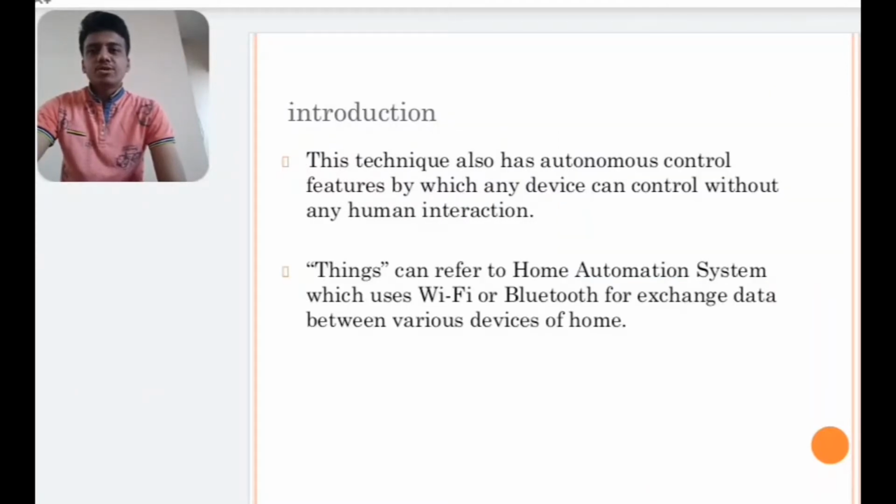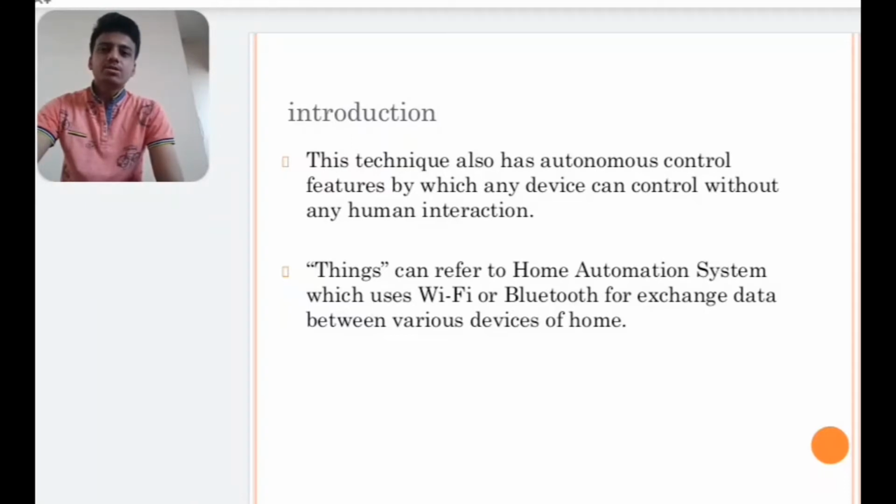Then the next point is, this technique also has an autonomous control feature by which any device can be controlled without any human interaction, which we call machine to machine interaction. This helps a lot in this process, because at every step the human is not needed to control or to manipulate the things.